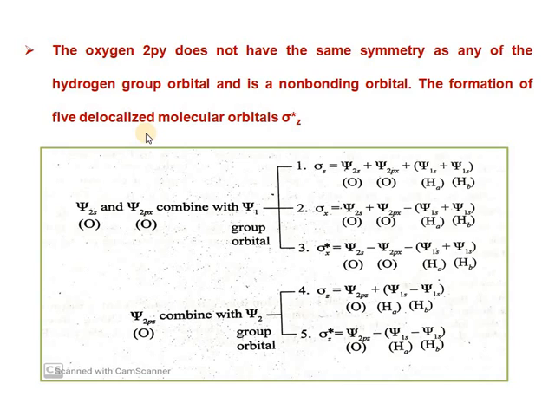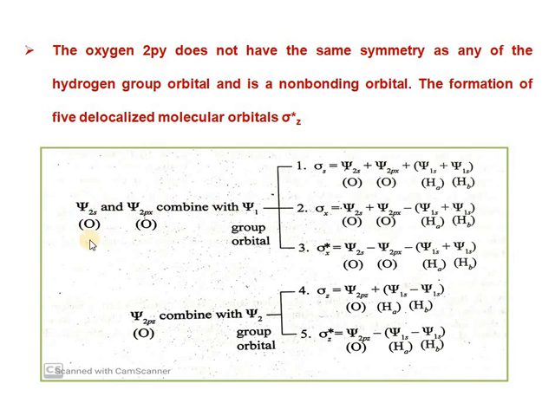The formation of the delocalized molecular orbitals like sigma star z: these pictures clearly show that psi2s and psi2px combine, that is, 2 molecular orbitals of the oxygen.